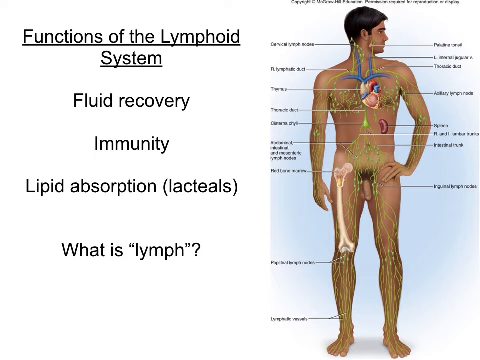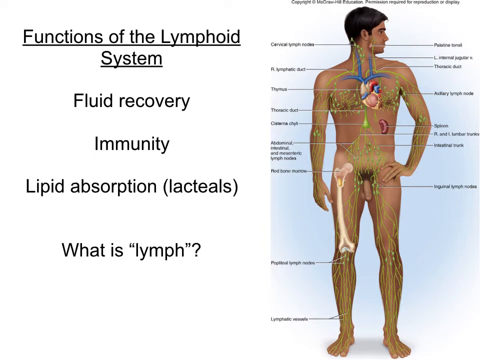This system is going to provide you with your immunity. Your lymphocytes, again, have the ability to respond to the presence of specific foreign antigens and pathogens. This system is also involved with lipid absorption in the small intestine. There are specialized lymphatic capillaries called lacteals.